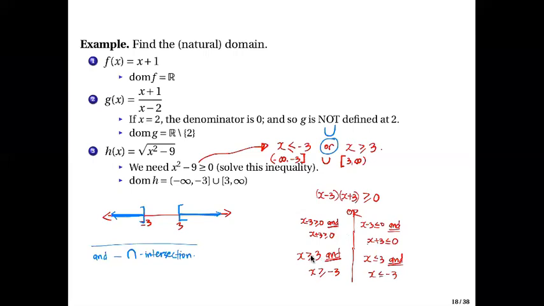So graphically, we have x greater than or equal to 3 and x greater than or equal to negative 3. For example, this is your real line, this is your negative 3, and this is your positive 3. We have here x greater than or equal to 3. That one is this part.